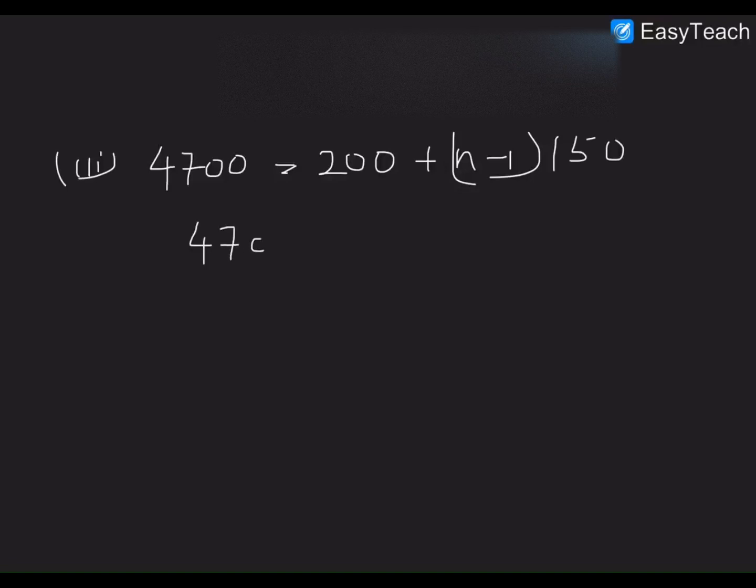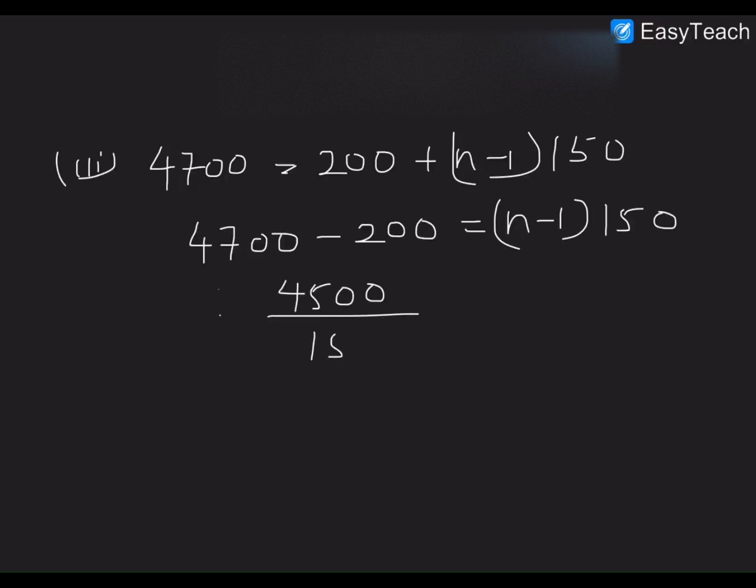So 4700 minus 200 equals n minus 1 times 150, which gives you 4500 divided by 150 equals n minus 1. 150 threes are 4500, so 30 plus 1 equals n. So there are 31 poles installed along the entire journey.